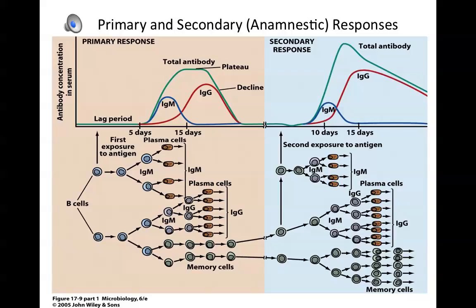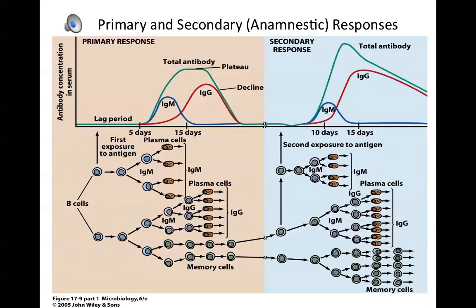These are the ones we want to trigger to undergo mitosis. That's clonal expansion. Instead of saying activating the B cells to undergo mitosis, immunologists use the phrase clonal expansion.